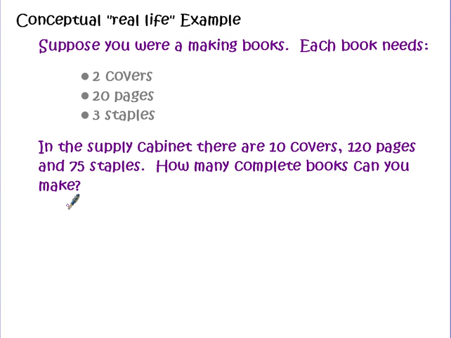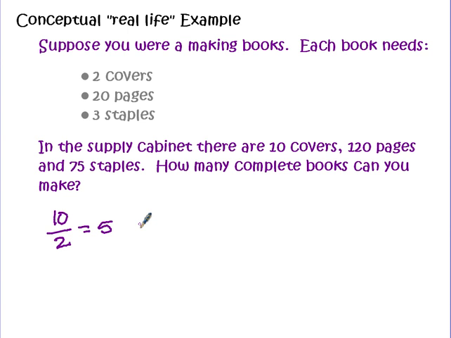I'm going to set up a ratio or just do a quick division, right? I know that it takes 2 covers to make 1 book, so if I have 10 covers, how many books is that? Hear the proportion there? I can just take the 10 covers that I have and divide that by the 2 covers that I need, and I'll find out that I can make 5 books from that.